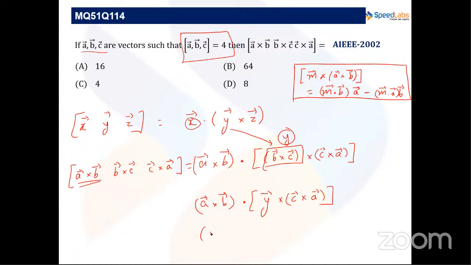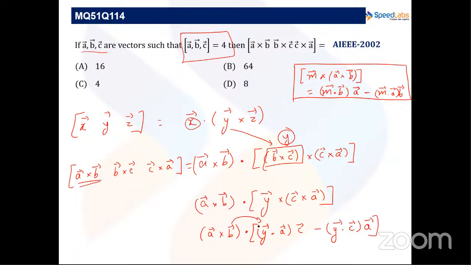So here if we compare it, we will have a cross b dot y dot a vector c minus y dot c vector a.